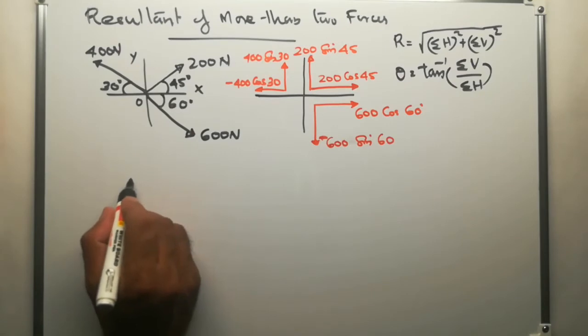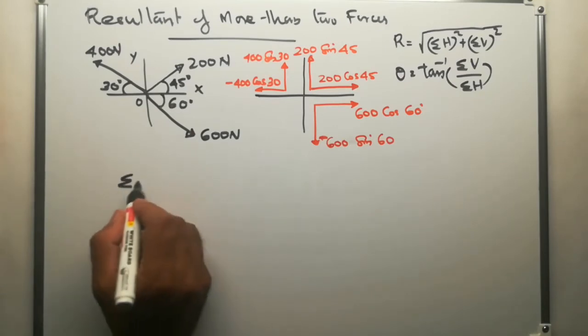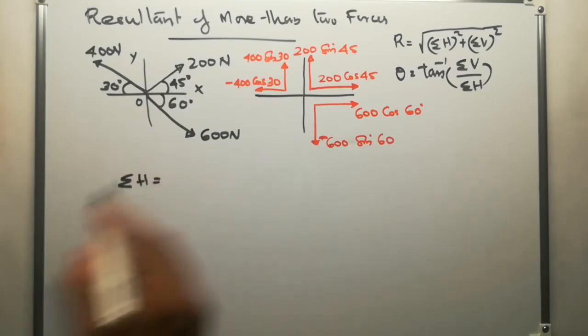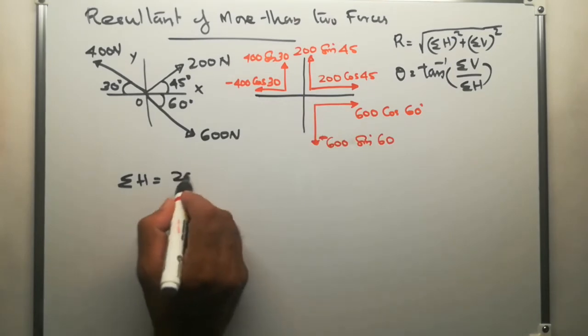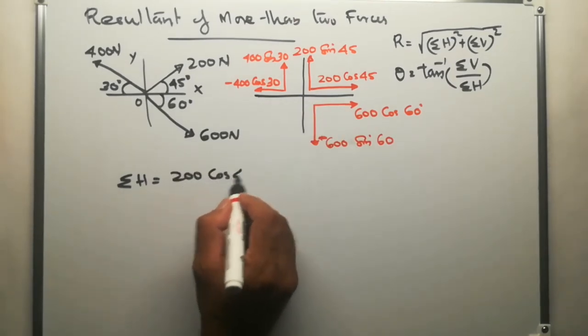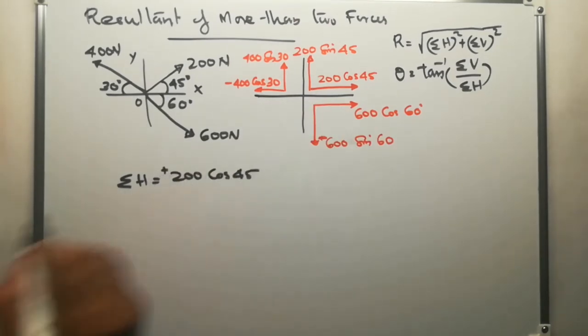To find out sigma H, we will find the algebraic sum of all the horizontal components. That is, for the first force, the horizontal component is 200 cos 45, which is plus.